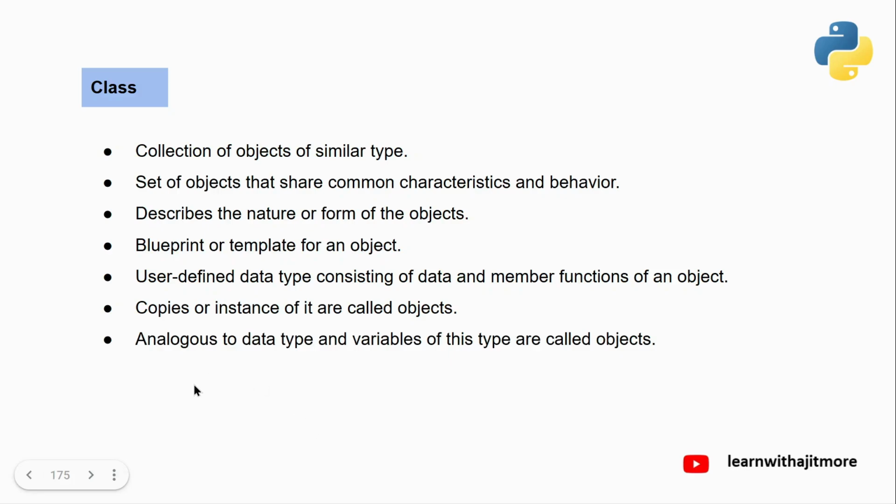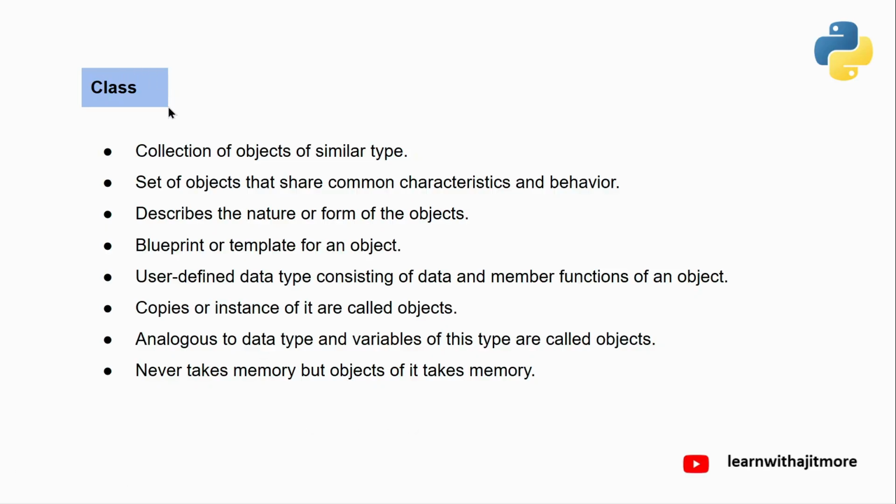Correct? So if you relate to the programming model, class will be the data type. And the variables of that data type are objects. And therefore objects take space. Remember, class never takes space, but the objects take.